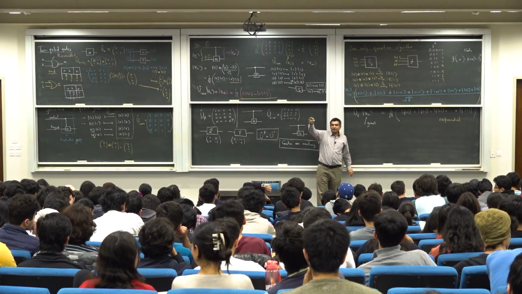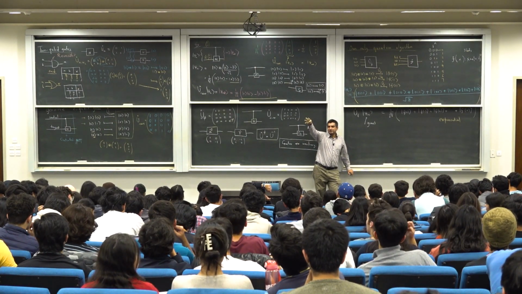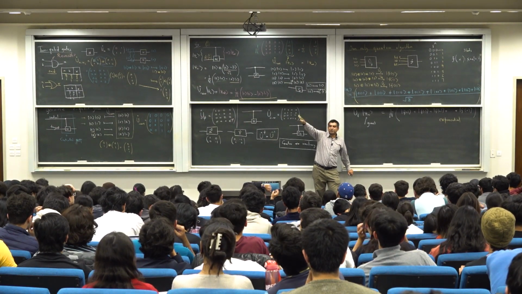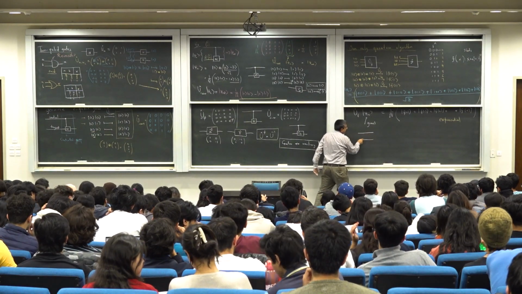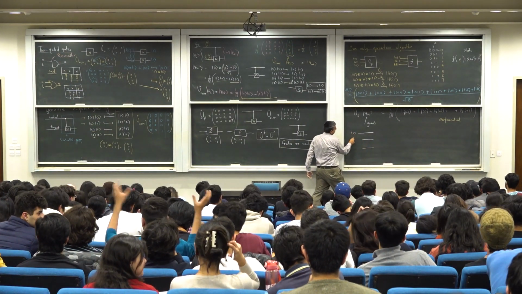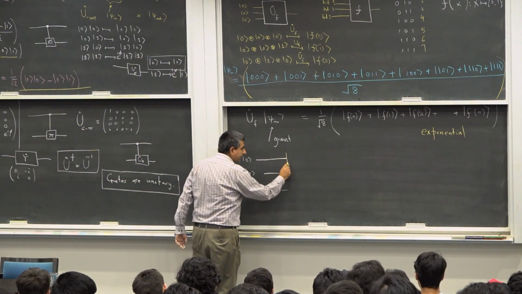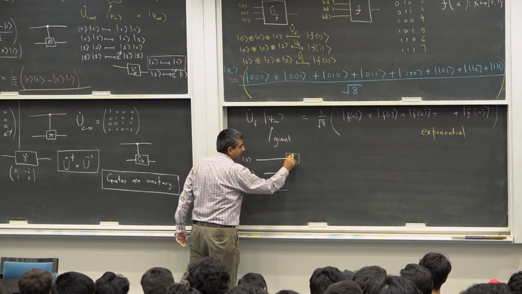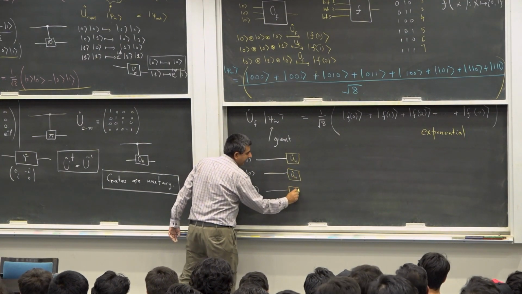So any idea what kind of gate you could use? Hadamard. On which qubit? All 3 qubits. If you have 3 wires coming in, ket 0, ket 0, ket 0, and you put a Hadamard here, beam splitter, if you're talking about photons, Hadamard gate here.